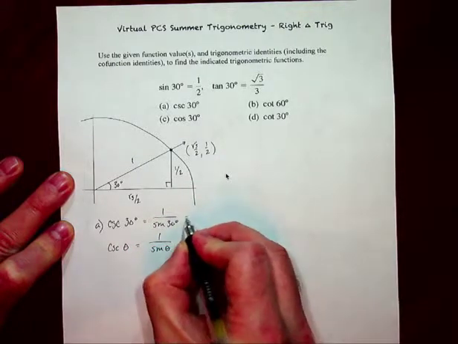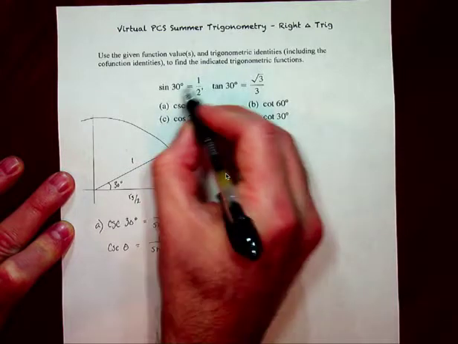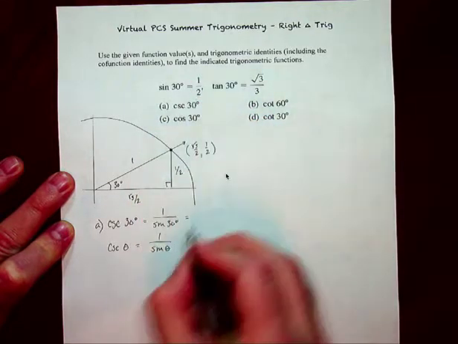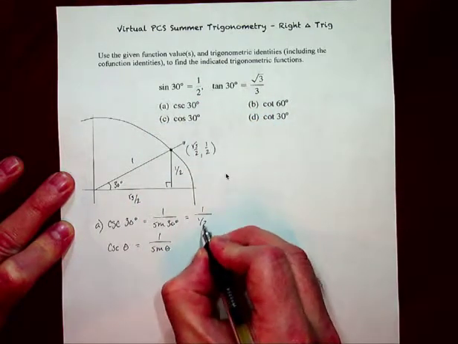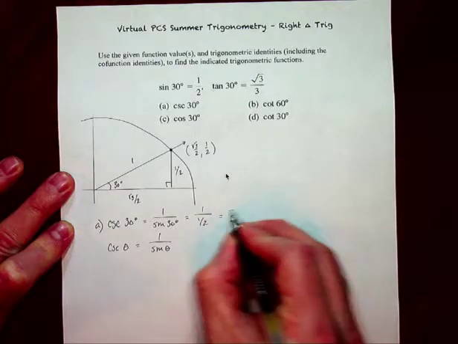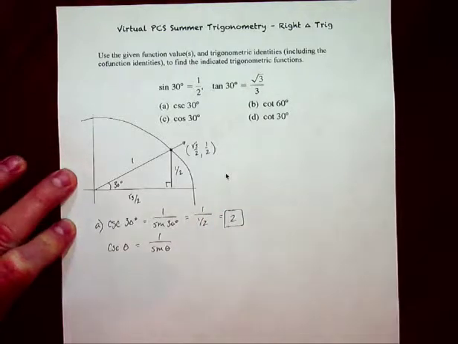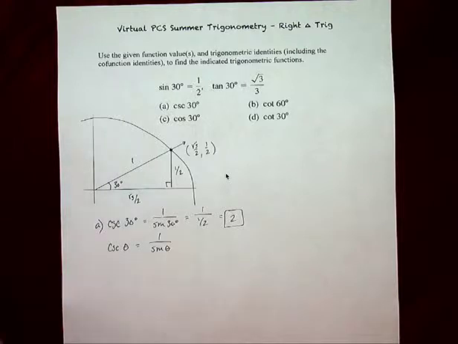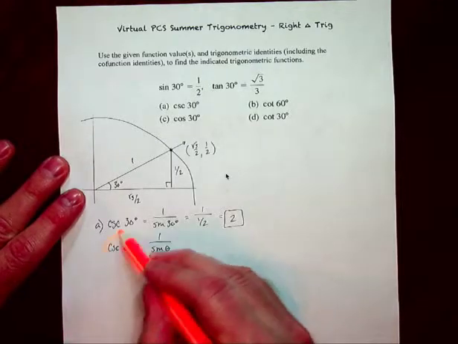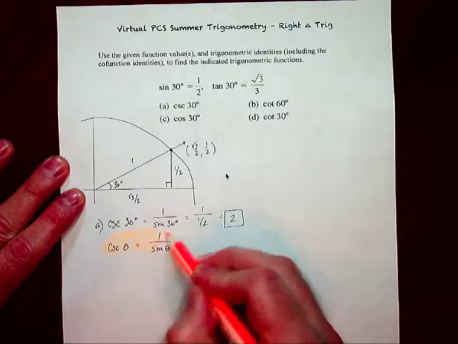Well, sine of 30 degrees we already have right up here. It's 1/2. So you have 1 over 1/2, or 2. We could have used the cosecant ratio of hypotenuse over opposite, but we didn't. We used the identity instead to find that.